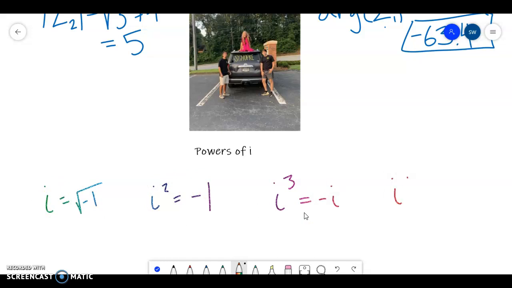And then i to the fourth is just i squared times i squared, which would just be 1. Now, I was just writing that so you know what we're talking about. But i to the first, we just leave as i. We don't usually write the square root of -1.